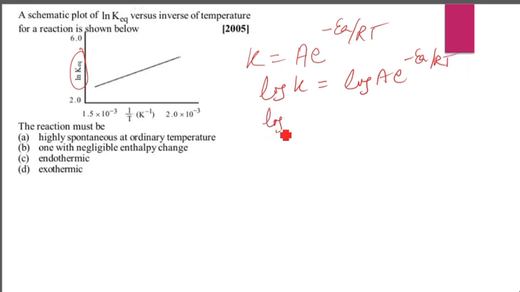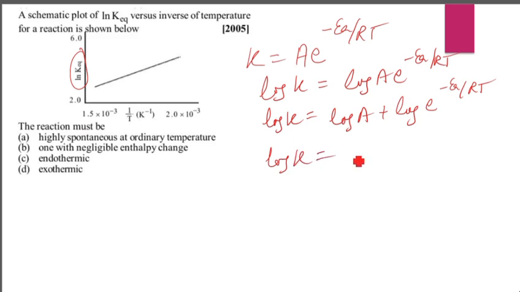So log k equal to log of A times e to the power minus EA by RT. Log m into n is what? Log a plus log e to the power minus EA by RT. So log k, we are getting log A minus EA by RT log e. Now when we write log e like this, it means the base is natural, base e.